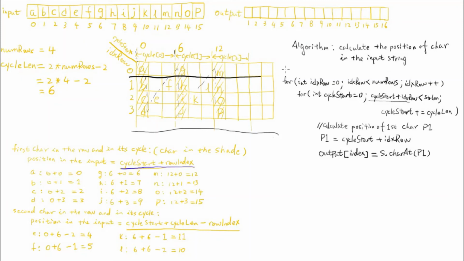So here we declare an integer variable called index, and it starts with 0. And after we add the character, then we move the index to the next empty spot.